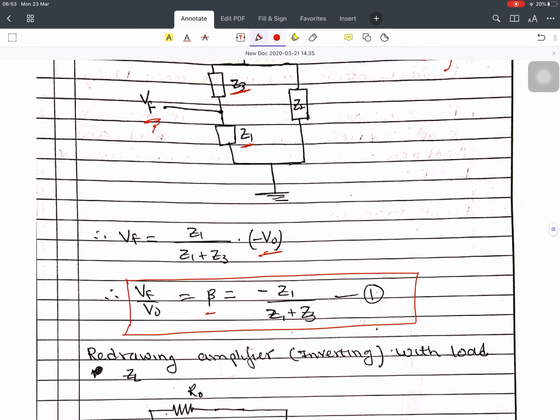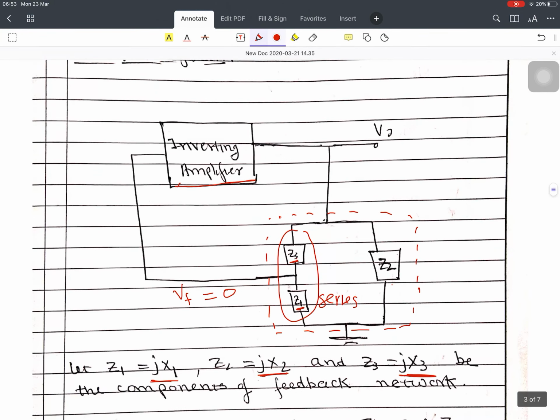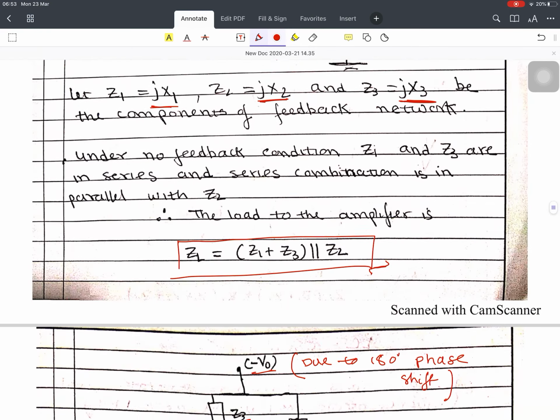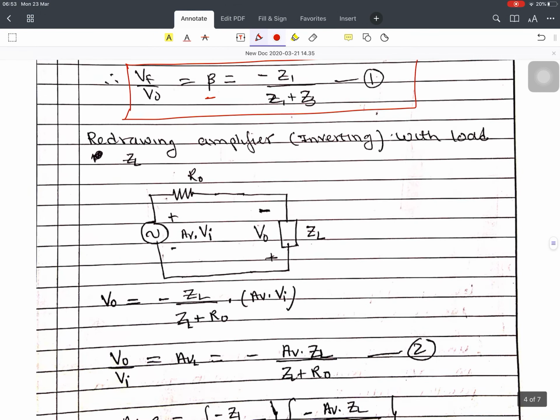Now let's go back to this diagram here. This is inverting amplifier here. Now amplifiers can be replaced by its equivalent circuit. So in this diagram over here, this is the output side of amplifier. This is output impedance Zo. This is the gain Av into Vi, output circuit of amplifier.